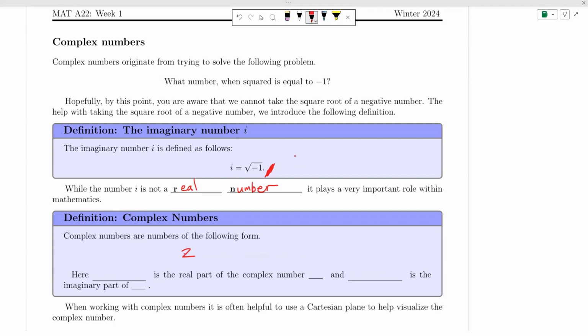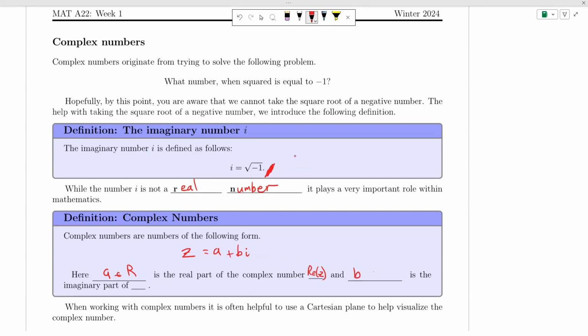z equals a plus bi. Here, a, which is an element of the real numbers, is the real part of the complex number, or Re of z.